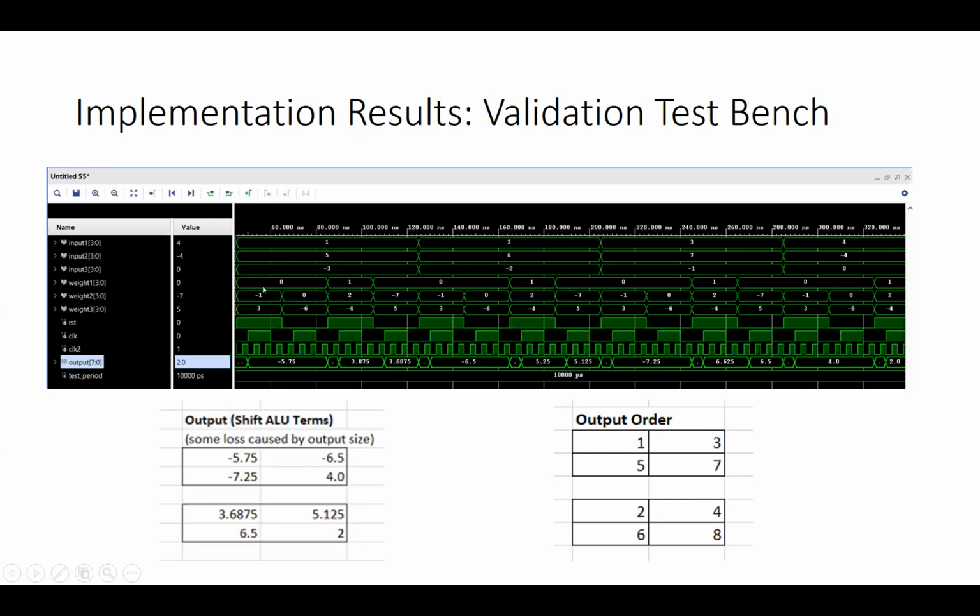When the clock rises, we select those values, add them up with an array of adders, and then store them in our output register. So you see -5.75. Then you do the same thing for the second set of quantization weights. In this case, the results were shifted so much that the output was 0, so there was no change.